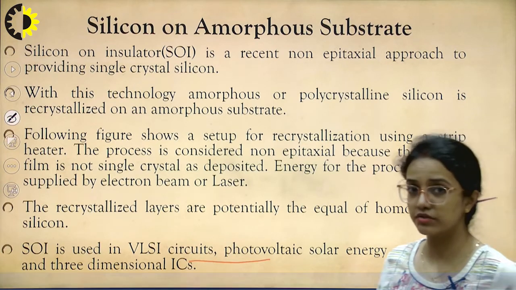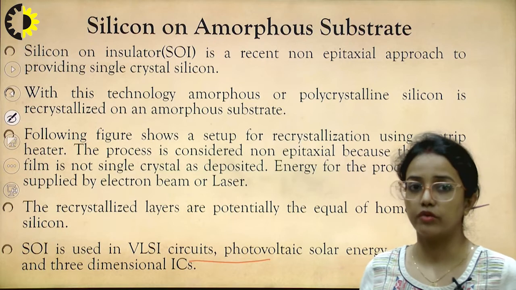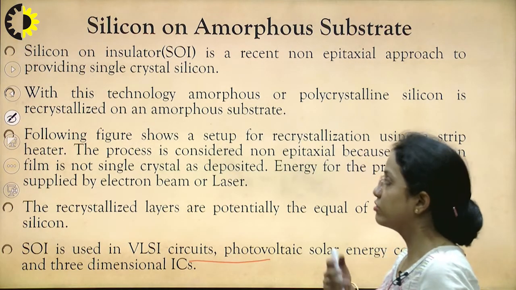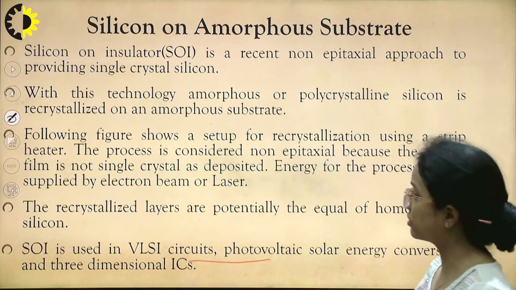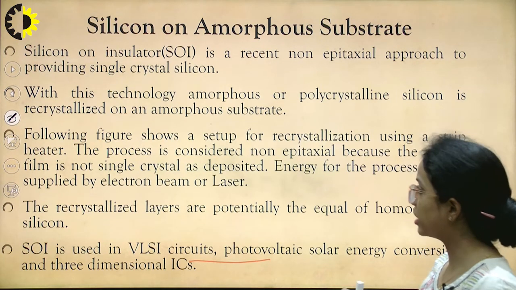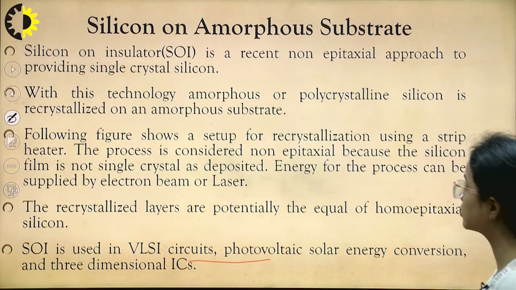Now what is silicon on amorphous substrate? Silicon on insulator, which we have recently studied, is a recent non-epitaxial approach to provide single crystal silicon. With this technology, amorphous or polycrystalline silicon is recrystallized on an amorphous substrate. Now we can see a setup for recrystallization using a strip heater.